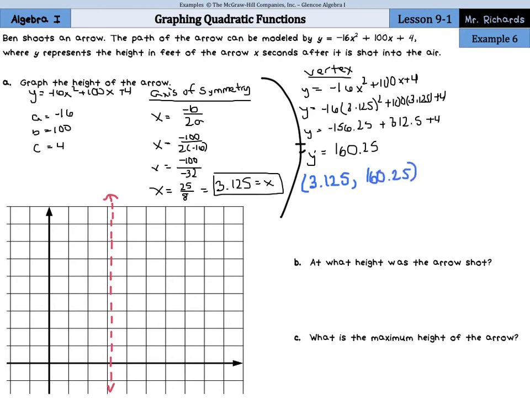And so now it comes time to put this on our graph, and so I'm going to use my y-axis by counting up by 20. So 20, 40, 60, 80, and so on. And on my x-axis, I was counting up by ones.